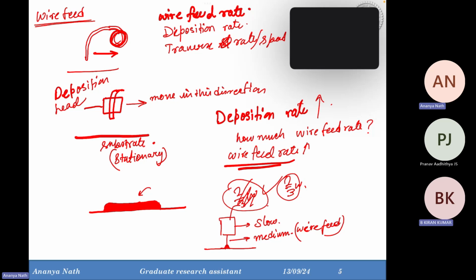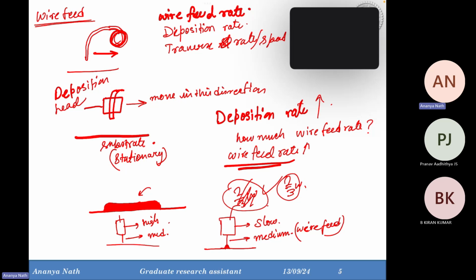Okay, so the lag means it will happen when the deposition rate is high, but the wire feed rate is medium. Then the wire feed rate is not enough to come and form the bead. Then there is a lag.